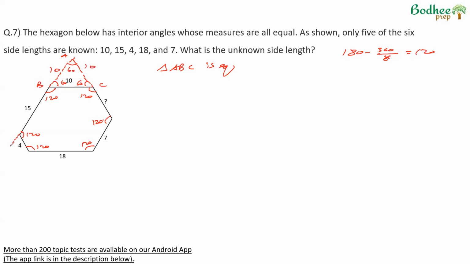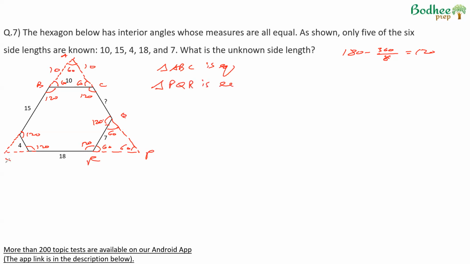Similarly, extend this side and extend this side. Here also do the same. Since this angle is 120, this will be 60. This will be 60. And since in this triangle two angles are 60, the third has to be 60. Suppose we call it PQR. Triangle PQR is also equilateral.